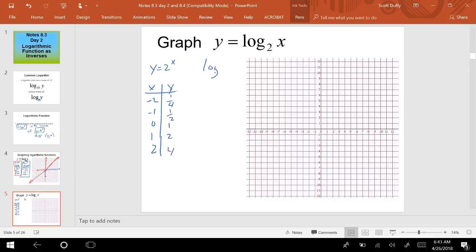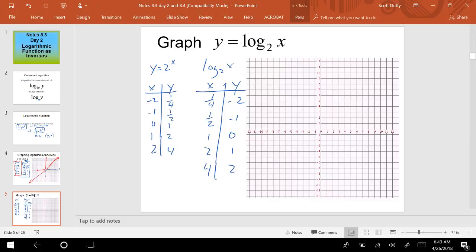For log base 2 of x, switch those x and y coordinates: 1/4, -2, 1/2, -1, 1, 0, 2, 1, 4, 2.